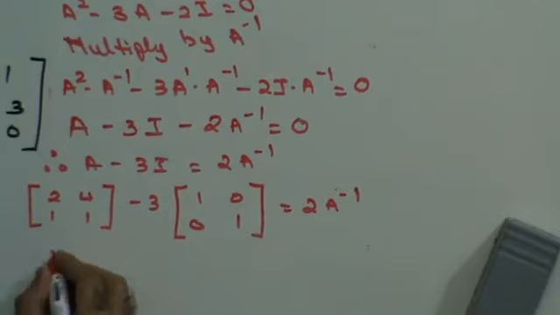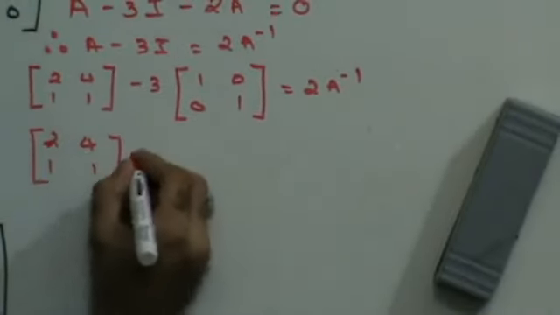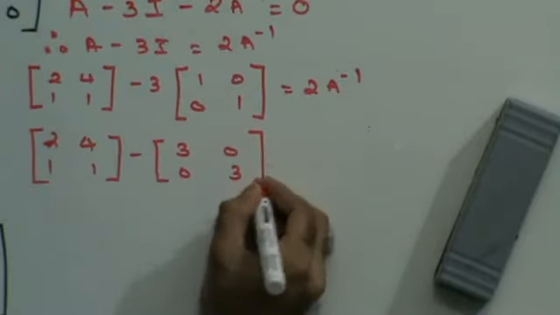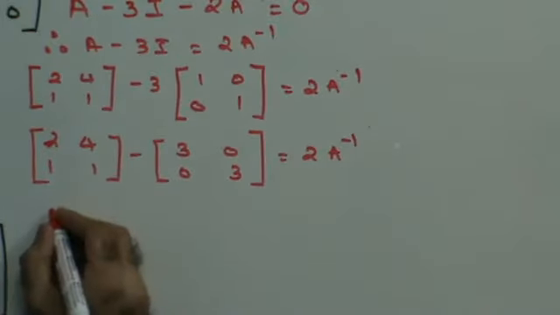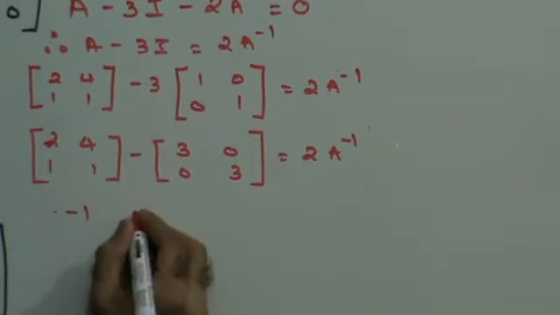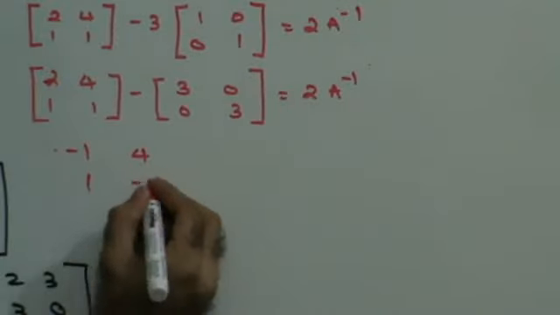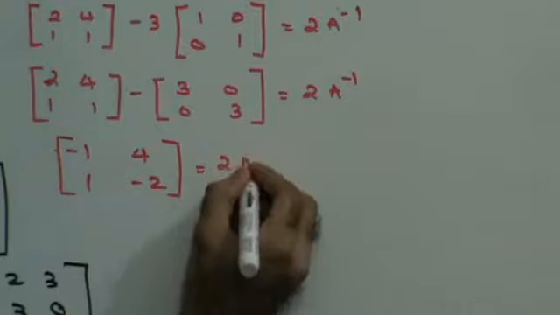So you will have [2, 4; 1, 1] minus [3, 0; 0, 3] is equal to 2A inverse, in which case I could say that [2 minus 3, 4 minus 0; 1 minus 0, 1 minus 3] is equal to 2A inverse.